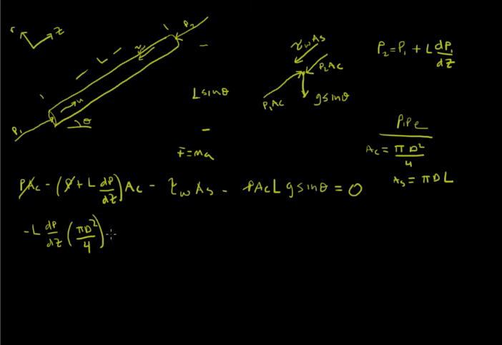And I'm going to subtract from that shear stress multiplied by the surface area, which is pi dl. And I'm going to subtract from that the fluid density multiplied by the cross-sectional area, so another pi d squared over 4, times the length g sine theta, equal to 0.